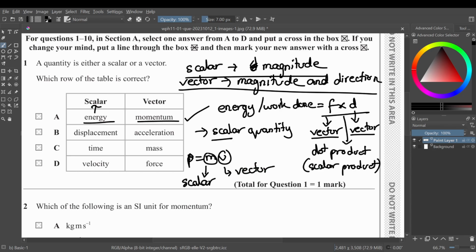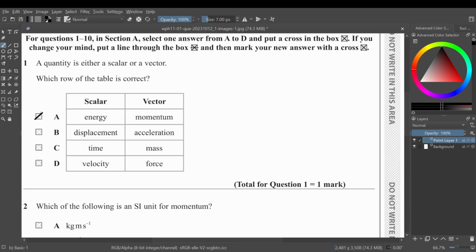Once you multiply a scalar quantity with a vector quantity, it always results in a vector quantity. Remember that: scalar times vector results in vector, and vector times vector results in scalar, right? So option A is our right option.